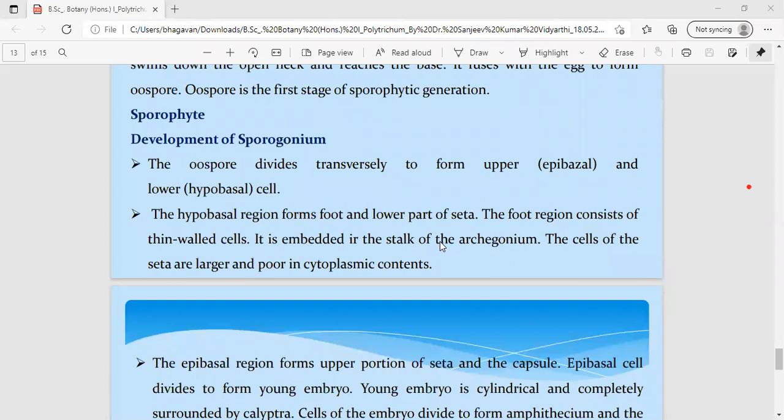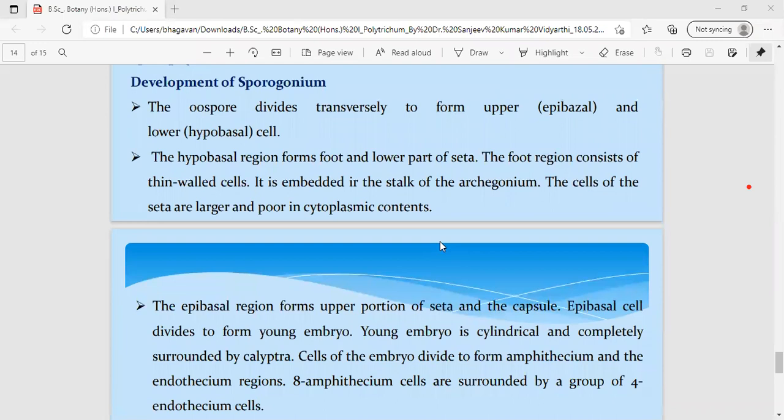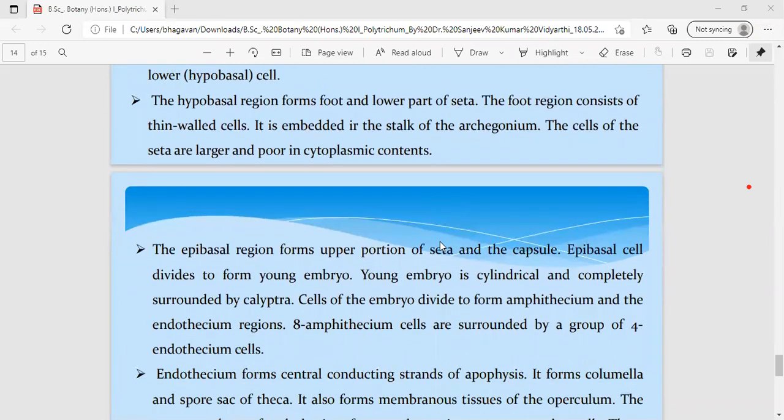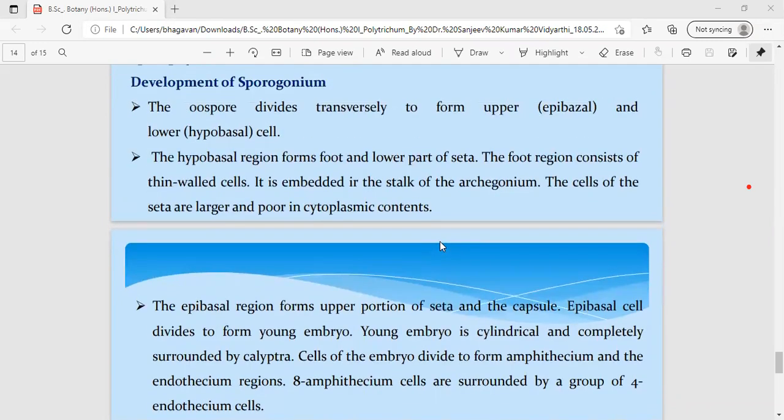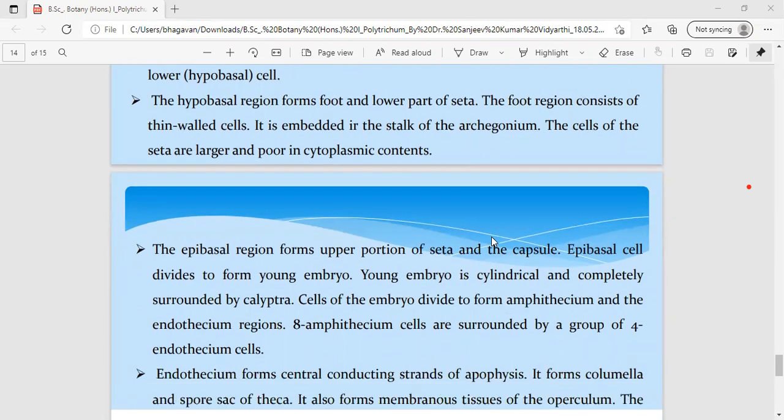Here the sporophyte of Polytrichum is also attached to the female gametophytic tissue with the help of a foot. The complete sporophyte is divided into 3 regions: the foot, seta, and the capsule.